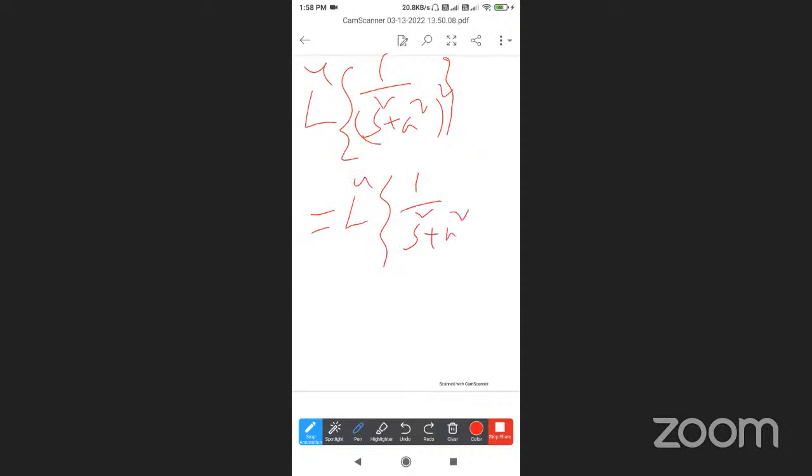So in page number 185, inverse Laplace transform of 1 by s square plus a square is a whole square is equal to 1 by 2a square, taking addition and subtraction. So this is a partial fraction: 1 by s square plus a square minus 1 by s square plus a square is a whole square.